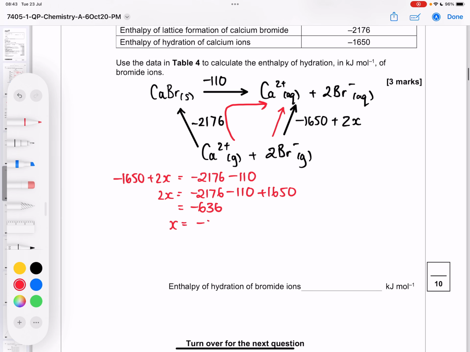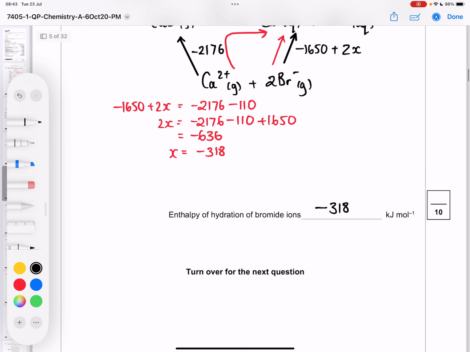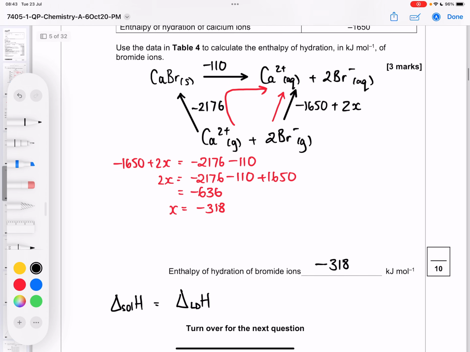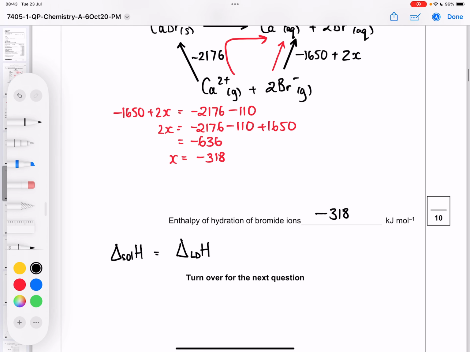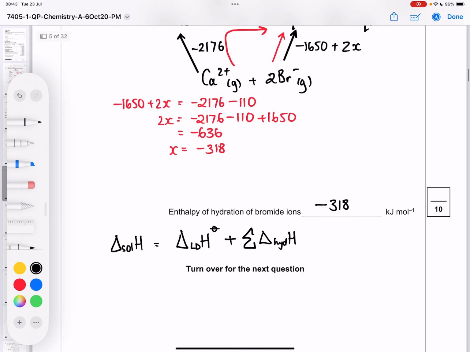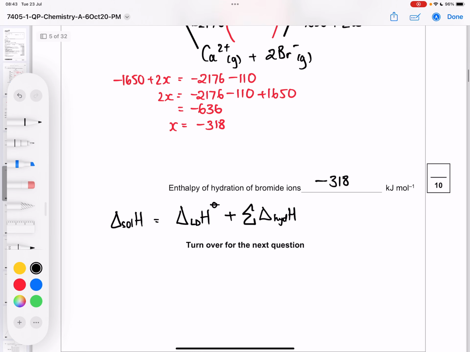And x equals minus 318. So we could do it that way. If you prefer, you could have learnt the equation, which is the enthalpy of solution equals the enthalpy of lattice dissociation, which is not what we've got. So you would have to change the sign on that, plus the sum of the enthalpies of hydration. So you could add up those numbers and you could use the equation that way.